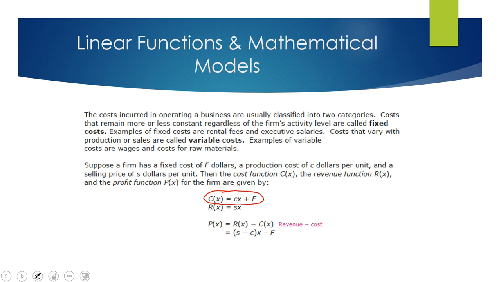You have to try to see what that is, and sometimes they'll just come out and say you have fixed costs. Usually the revenue function is going to be a linear function, but there's not going to be a y-intercept, so to speak. And the important thing here is that if you want to find profit, you take revenue minus cost.